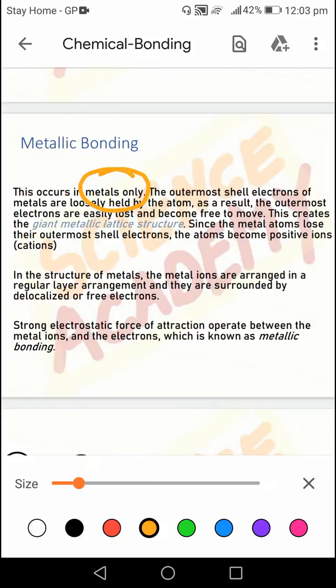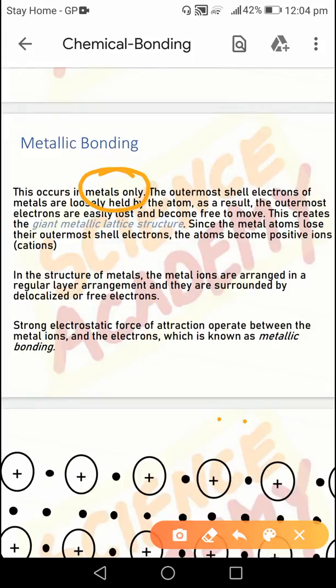How or why does this occur in metals? Look, the outermost shell electrons of the metals are loosely bound.